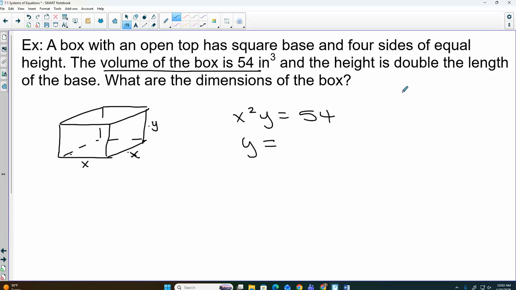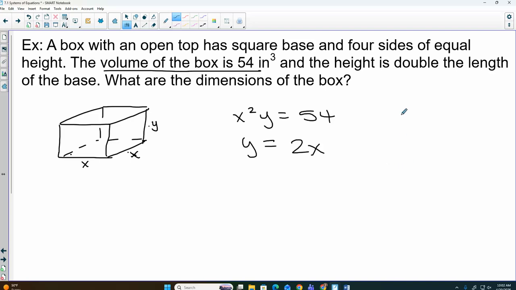So my base length is x, so double that would be 2x. So we defined our variables, we wrote our equations. Now, we just have to solve.